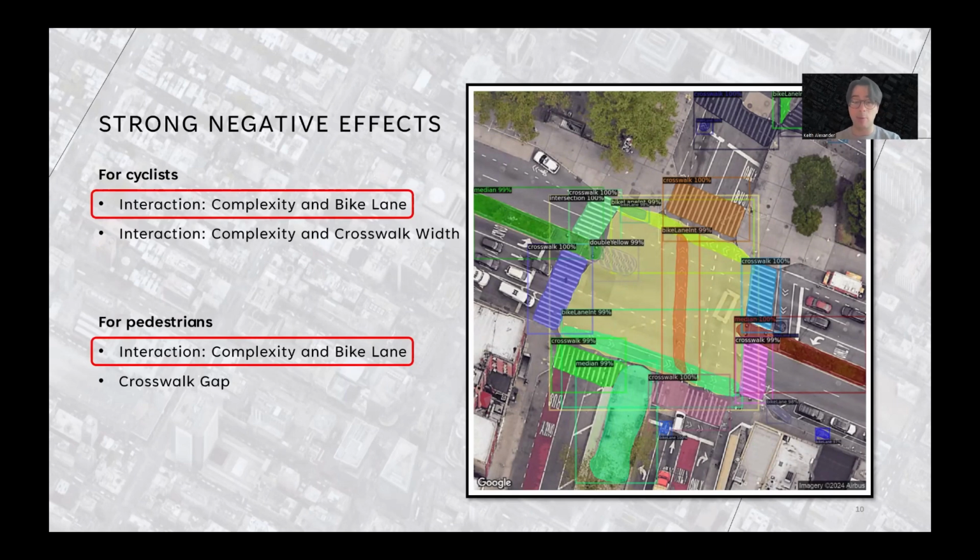What that means is that while individually both intersection complexity and bike lane signage were associated with higher collision rates, when those things come together, there is a negative interaction effect. That is, intersections that are both complex and have bike lanes in place have a lower rate of collisions than we would see otherwise. So this provides some indication that, because we were able to some degree to account for those exposure effects, in the more complex intersections bike lanes do have some kind of mediating effect on the rate of collisions that we would expect to see otherwise looking at these two variables independently.